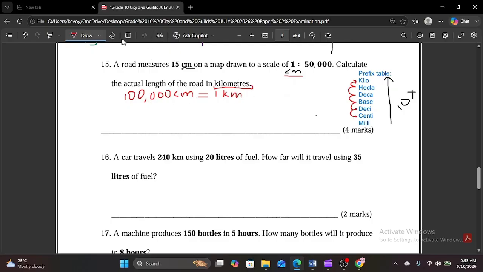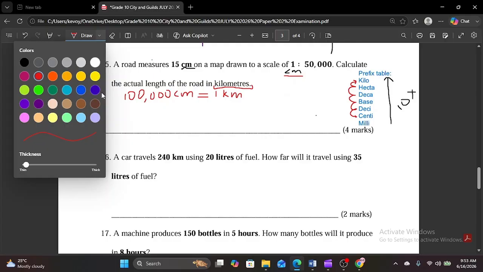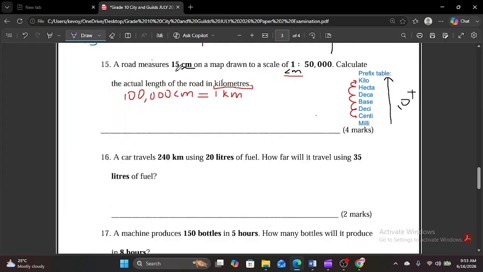Why is this important? It's important when we're answering this question because we want to know what the actual length in kilometers is if the road measures 15 centimeters, since we have to look at how it changes on our scale.